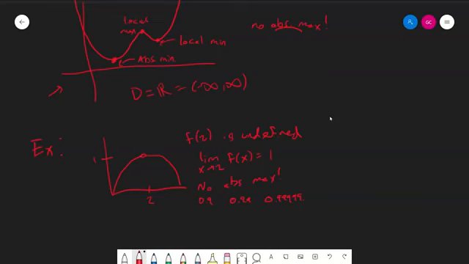No matter how many 9s I tack on here, if I stop after 5 9s, there's an output that has 6 9s instead that's even a little bit higher. So the presence of a discontinuity can make it tricky to have an absolute maximum or an absolute minimum.